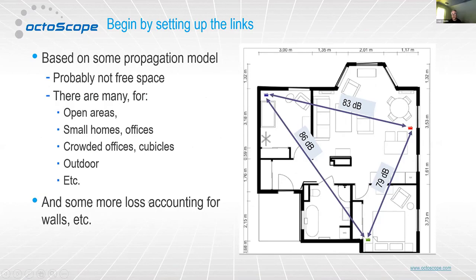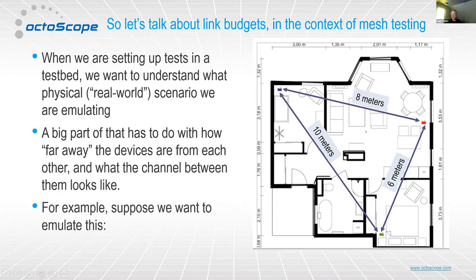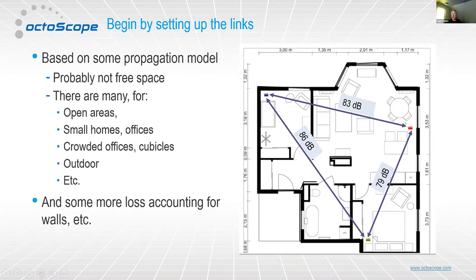And then also, as I mentioned, there are measurements that tell you how much path loss you would get if you went through a wall of a certain thickness, made of a certain kind of material. So using all that information, we can translate from distance in this environment to path loss.